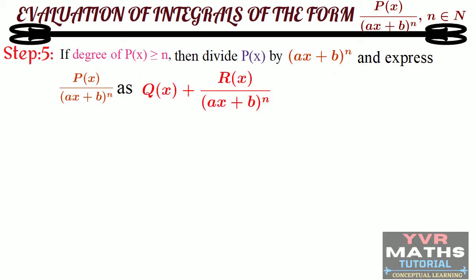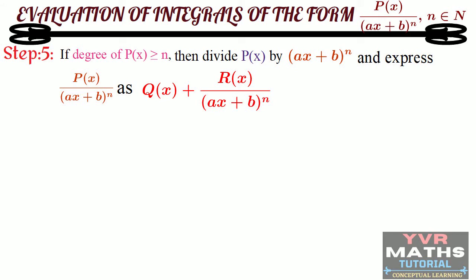What is this q of x and r of x? Already you learned this concept in the lower classes by using the long division method. If degree of numerator is greater than degree of denominator, then generally we will follow the long division method.